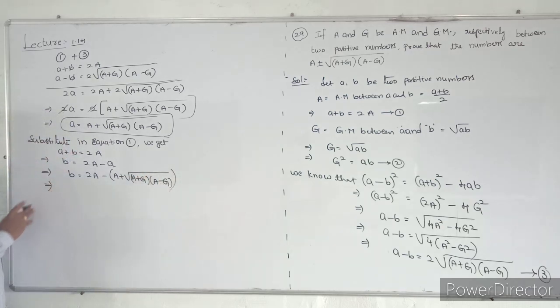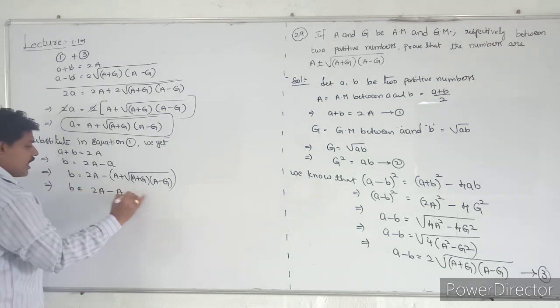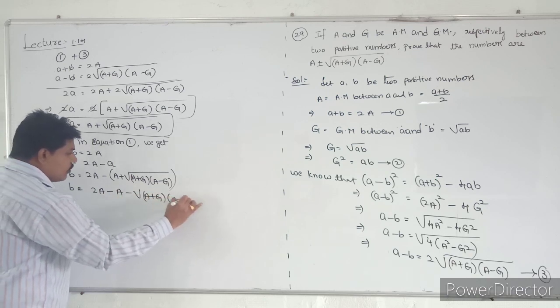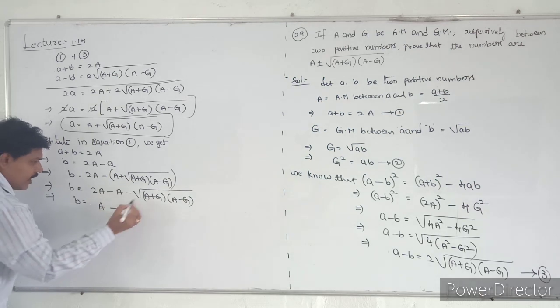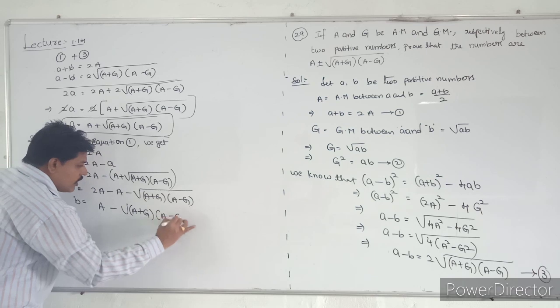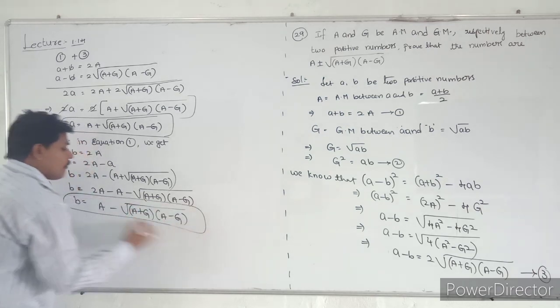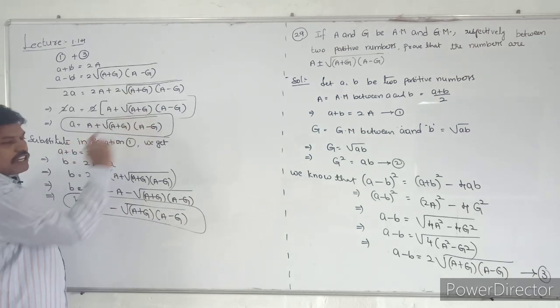So that implies b is equal to 2A minus square root of (A plus G)(A minus G). So b is equal to A minus square root of (A plus G)(A minus G). So one number is A plus square root of (A plus G)(A minus G).